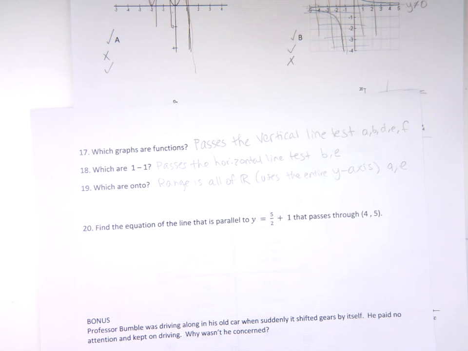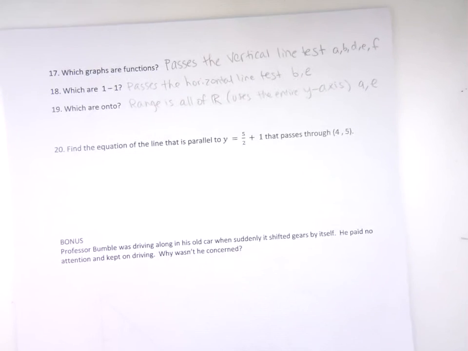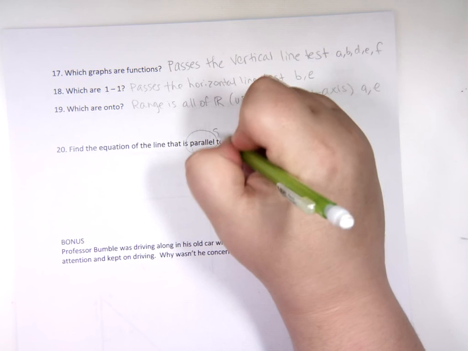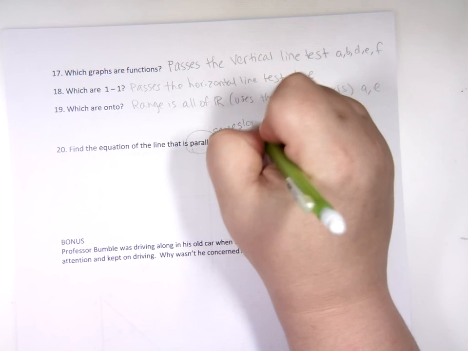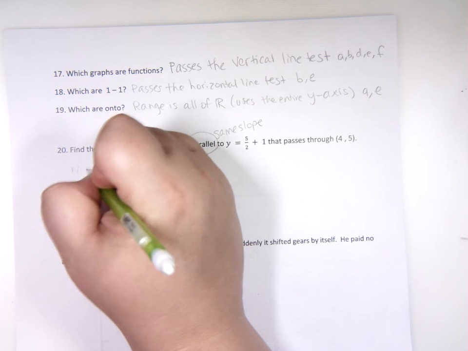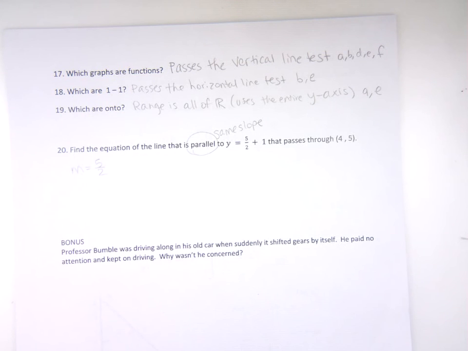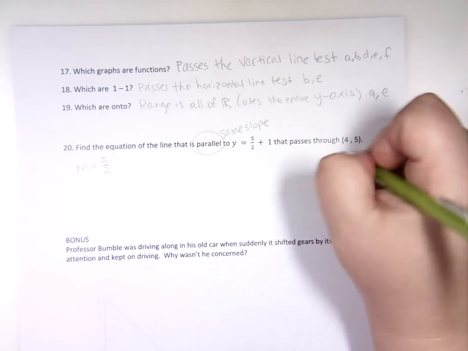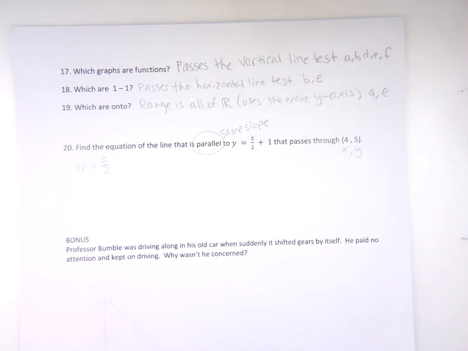Okay, next. Find the equation of the line that is parallel, so that means the same slope, to this line. So we know m is equal to 5/2. They have the same slope. We have an x and we have a y. And just like last time, we're going to plug into y equals mx plus b.